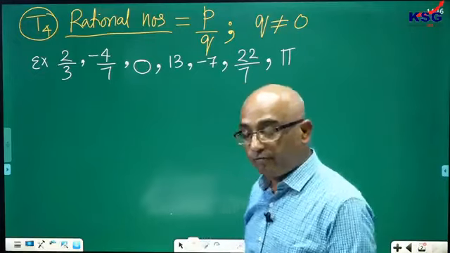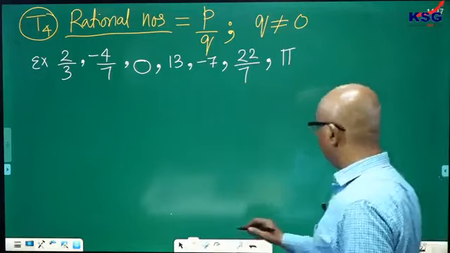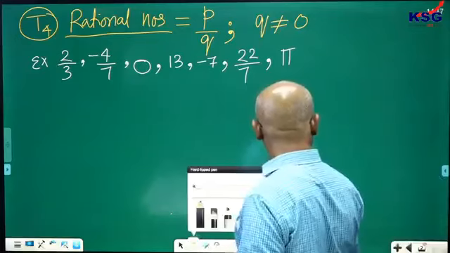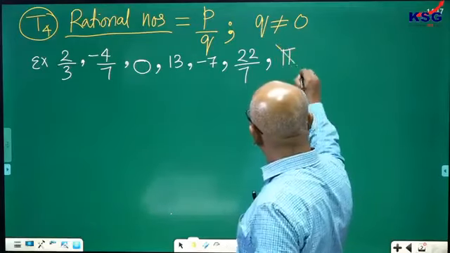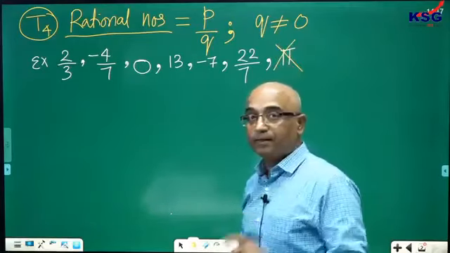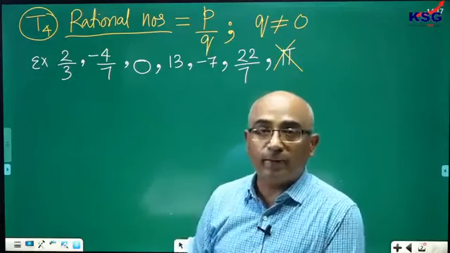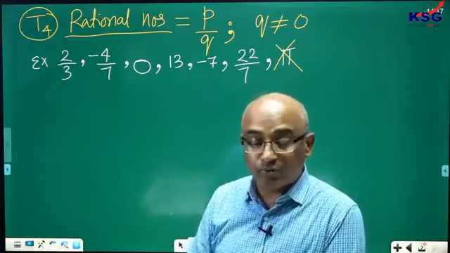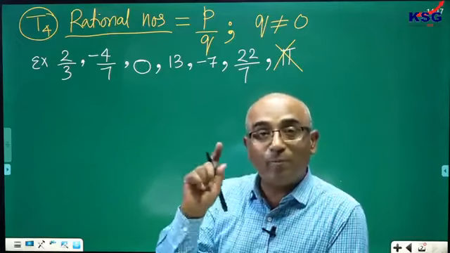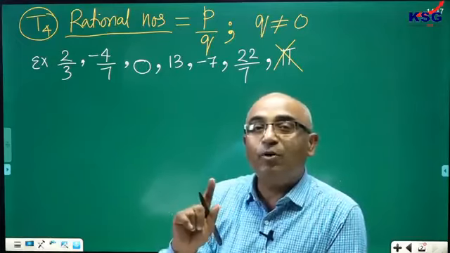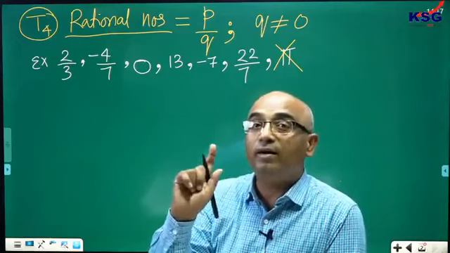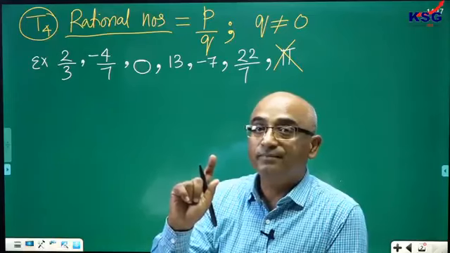Good, very good students. So pi is not a rational number. Remember, 22 by 7 is the approximate value of pi, not the accurate value. The accurate value of pi is not rational.